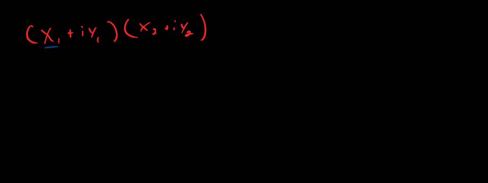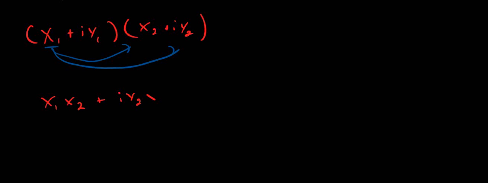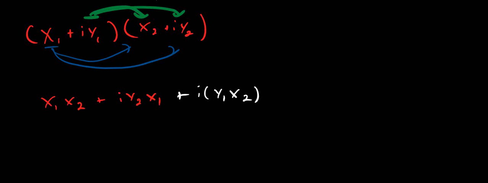Now we multiply these two binomials, so distribute the x1 to both terms, and we're going to get x1 x2 plus i y2 x1. And then when I distribute my y1 over here to both terms, I'm going to get plus i times y1 x2.